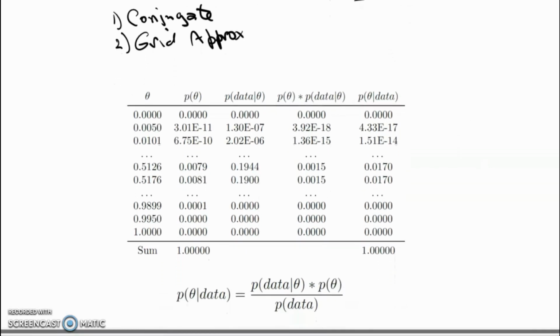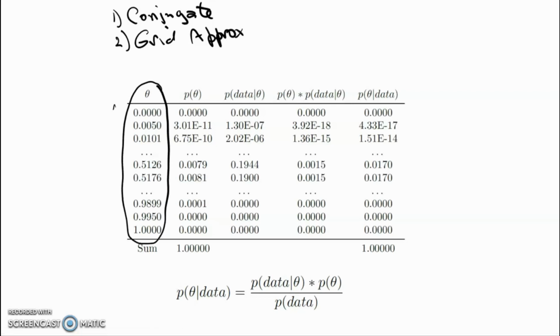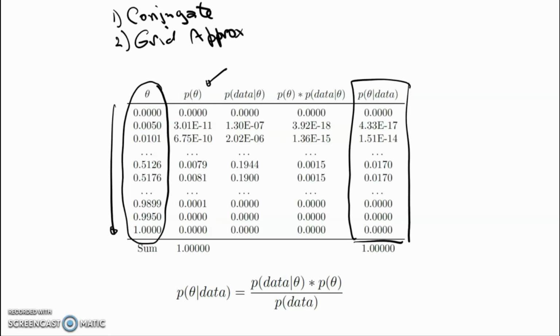We saw a grid approximation in the water globe tossing experiment, where we created a very fine grid of theta values from 0 to 1, established our prior, got some data, arrived at our posterior.